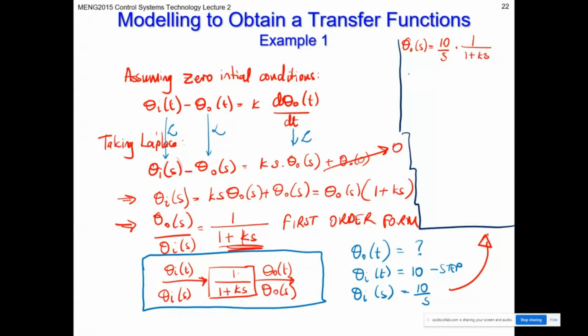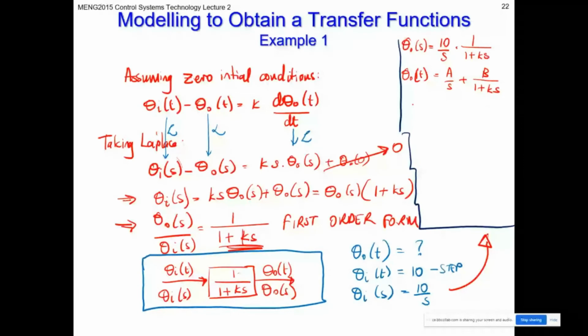When we take inverse Laplace transforms of this to give us output as a function of t, we have to do inverse Laplace transform. So we're going to have to use our partial fractions.